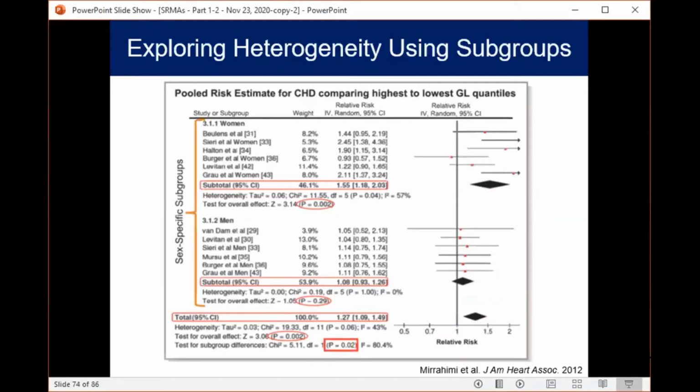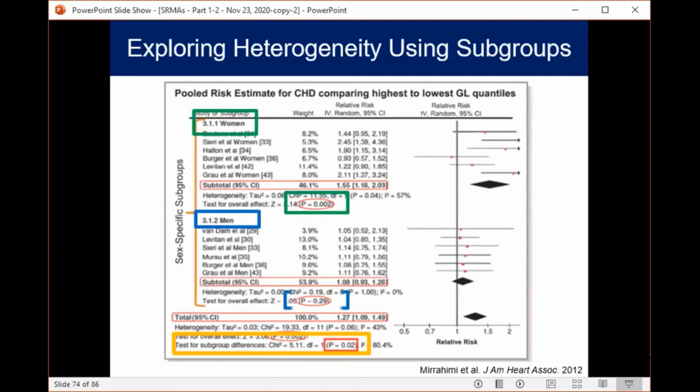However, when the subgroups are separated based on sex, there is a significant difference between the effects in either group. This is presented at the bottom of the plot under test for subgroup differences, and the p equals 0.02. If we look at the groups individually, for women at the top, there is a significant effect.